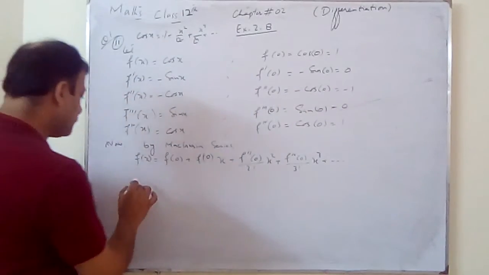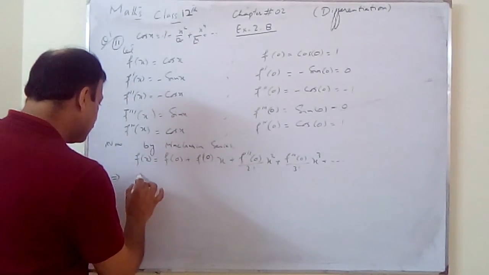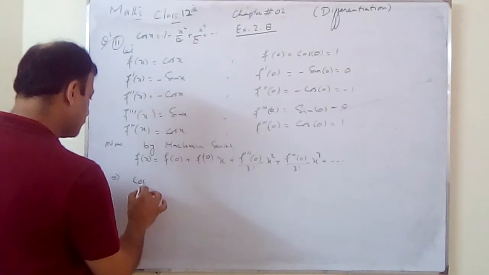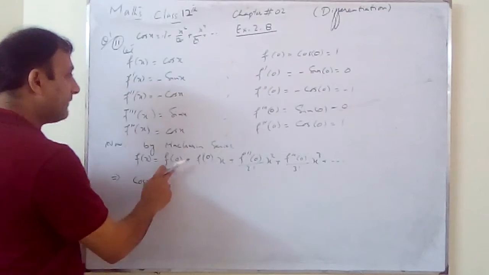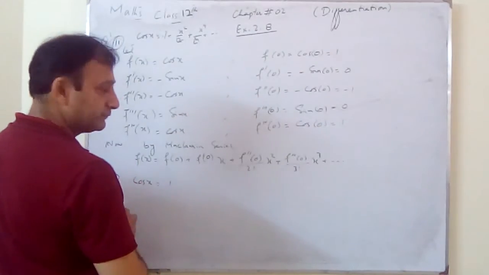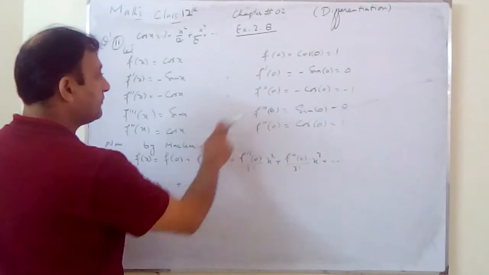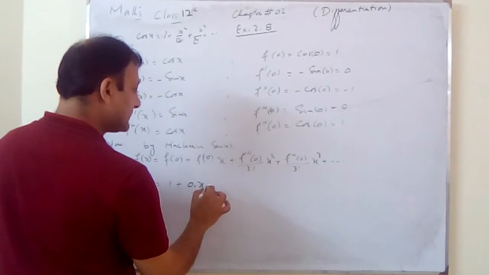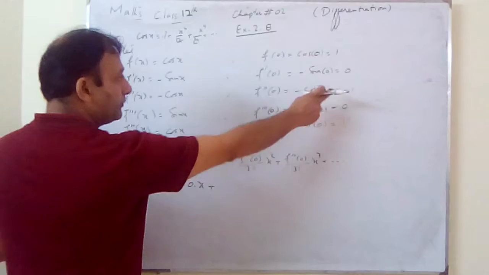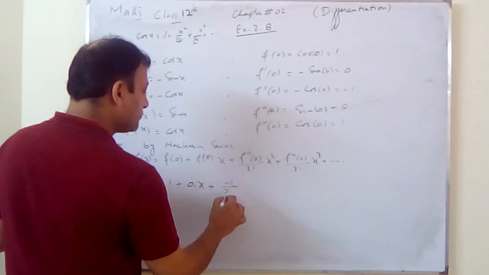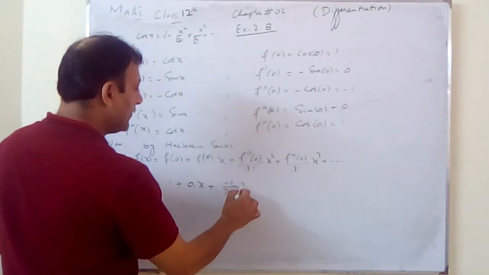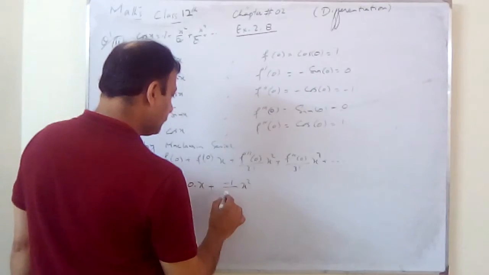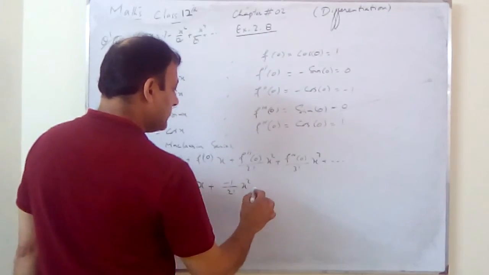By putting the values, f of x is cos x, that is f of 0, plus first derivative 0 into x, plus second derivative of 0, that is minus 1, divided by 2 factorial x square, so write 2 factorial as it is.